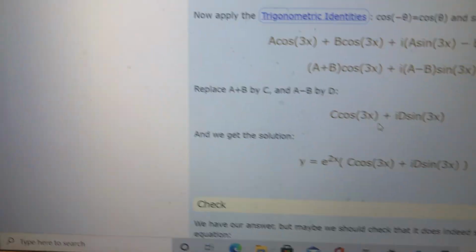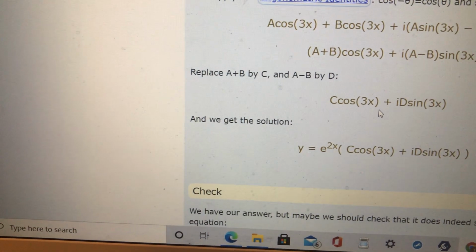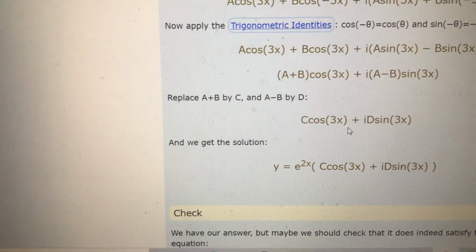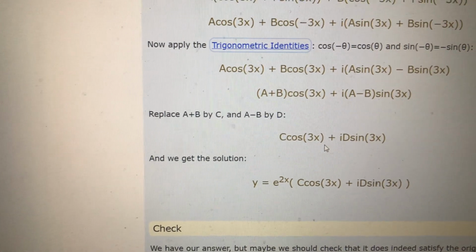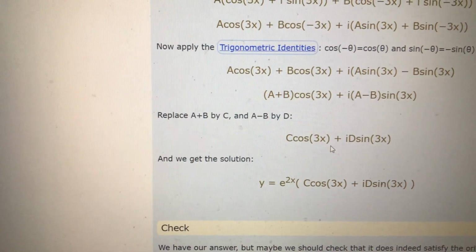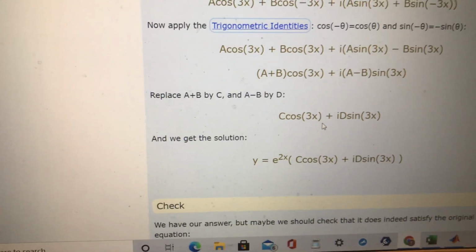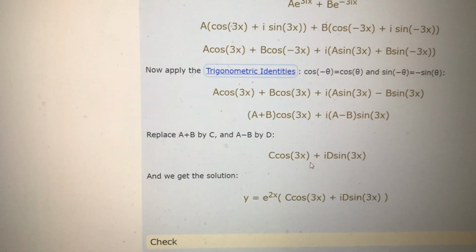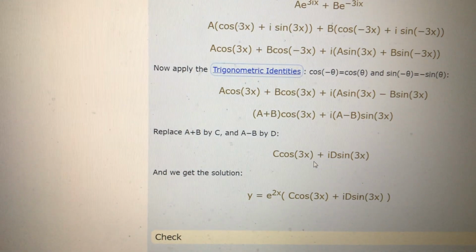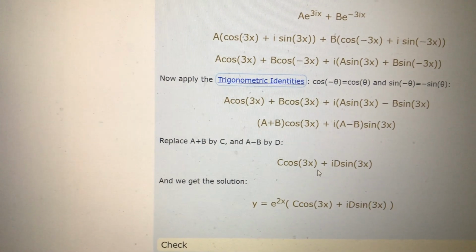So we're going to go here in accordance with the formula y equals e to the alpha x times constant 1 cosine beta x plus i constant 2 sine beta x. Okay, so no t.